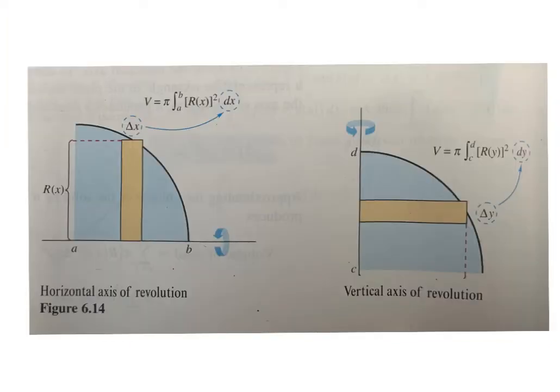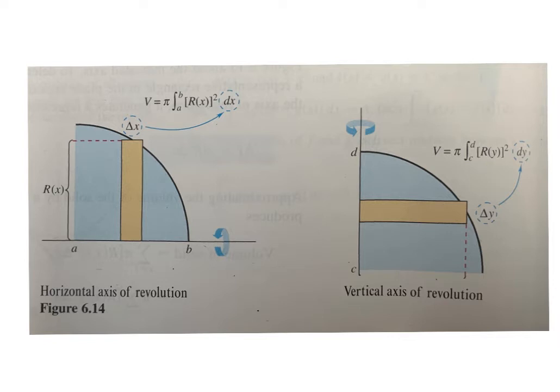We're going to look at another video, but what we just looked at was around the x-axis. So if you were to take it and revolve it, it can be revolved around the y-axis, and they've given you this example here. Vertical axis is what I was talking about. So we're going to watch what he does with a vertical axis, but those are in terms of y. So instead of y equals x something, it's going to be x equals y something. So in terms of y is really the only difference.